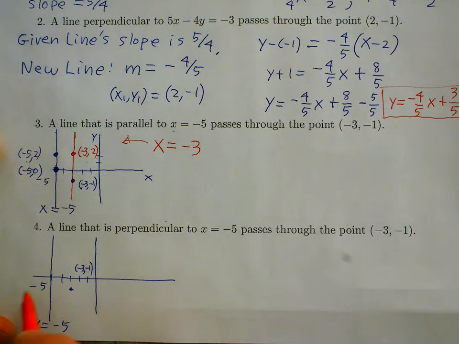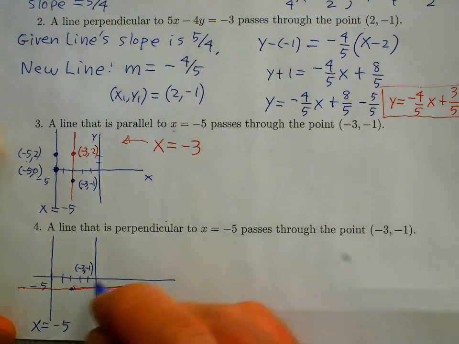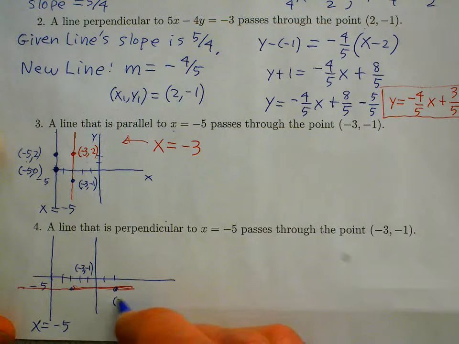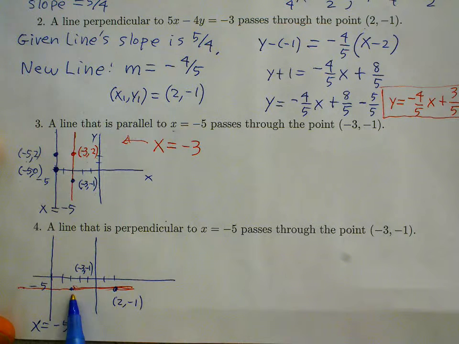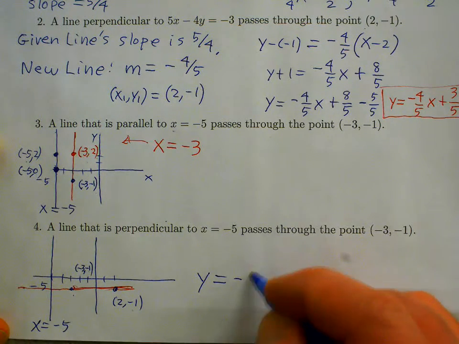And the new line is perpendicular to the vertical line. So this is supposed to be a horizontal line. If you pick any point on this horizontal line, like this point, -3, -1, every point on that horizontal line has the same y-coordinate of -1. And so the equation for that horizontal line is y equals -1.